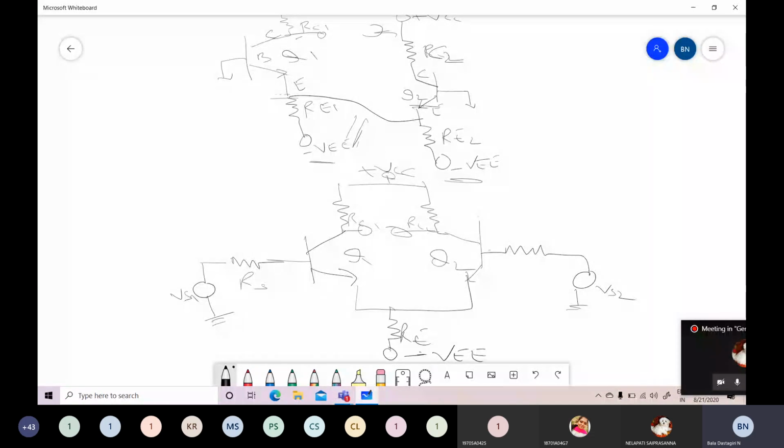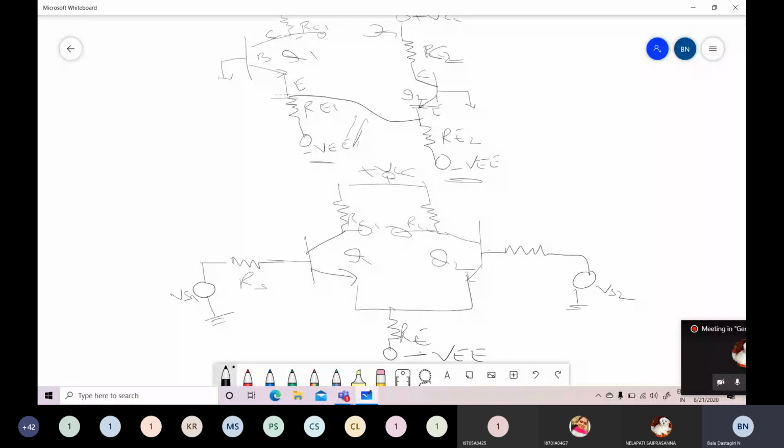Okay, so let us summarize that. In order to design a differential amplifier using the basic BJT transistors, first we have to take two emitter biased circuits. These emitter biased circuits should be identical in terms of characteristics. Next, the bases of the two emitter biased circuits are connected to the two voltage sources VS1 and VS2, which can also be taken as V1 and V2.